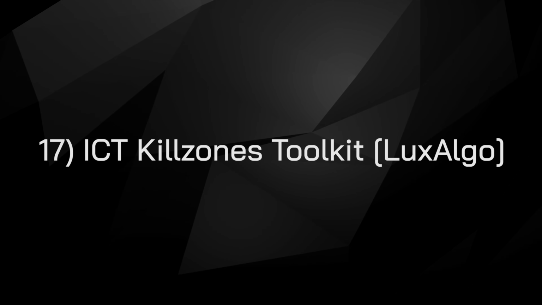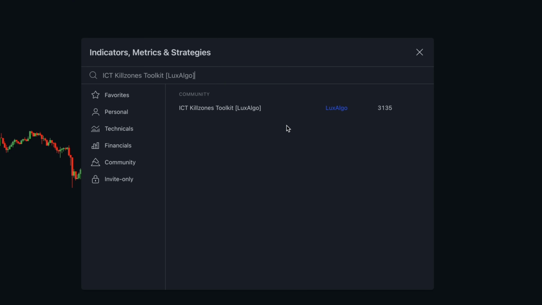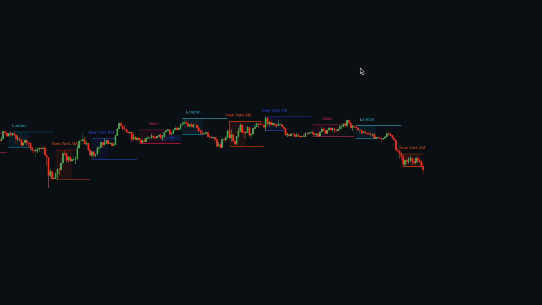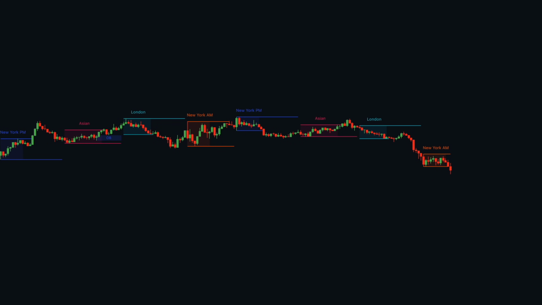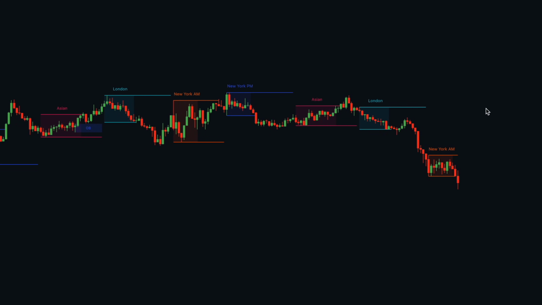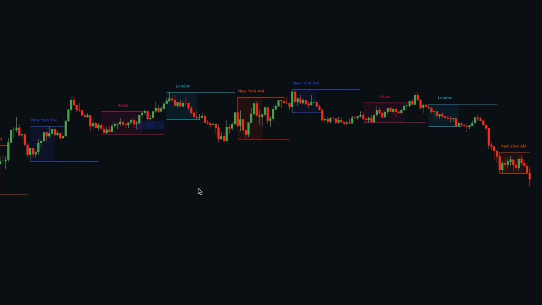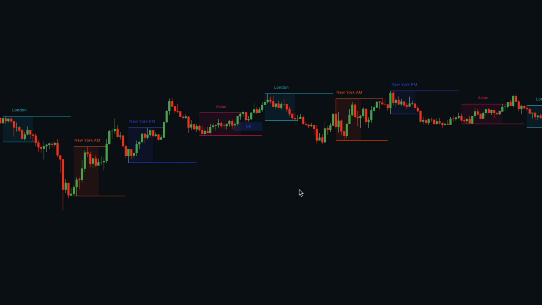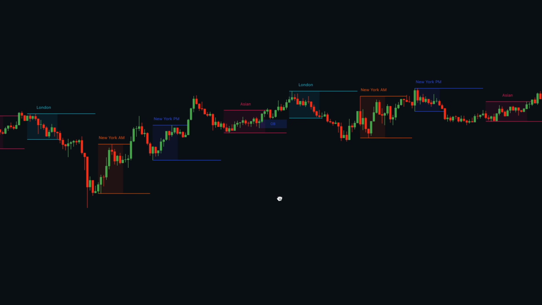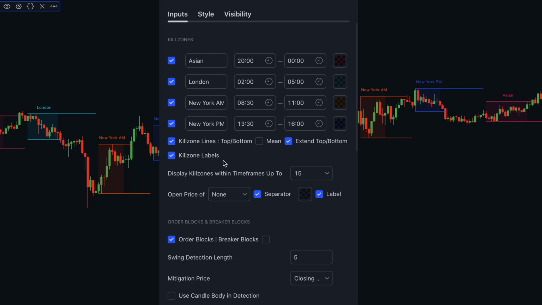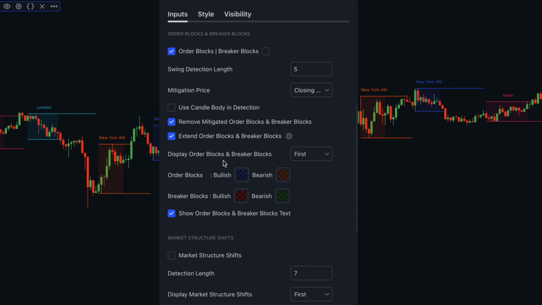The 17th indicator you should absolutely test out is called the ICT Kill Zones Toolkit by Algo. The ICT Kill Zones Toolkit is an advanced set of tools designed to assist you in pinpointing key trading zones and patterns within the market. It includes the following price action components: ICT kill zones with pivot highs and lows, order blocks, breaker blocks, fair value gaps, and market structure shifts.